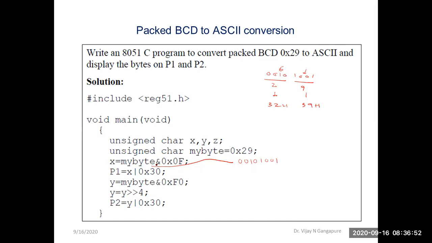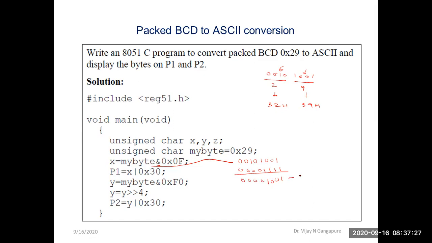This is a single ampersand, which means it is a bitwise AND operator, and we are ANDing 0x29 with 0x0f. 0x0f means 00001111. So what will happen? In the AND operation, 1 and 1 produce 1, 0 and 1 produce 0, and the remaining bits will be 0, because anything ANDed with 0 produces 0.